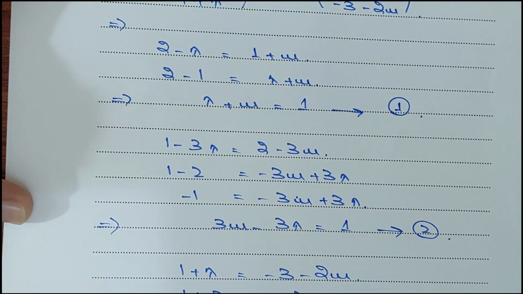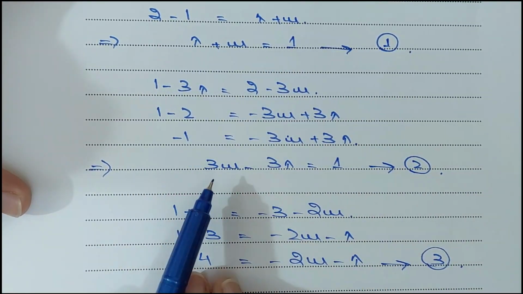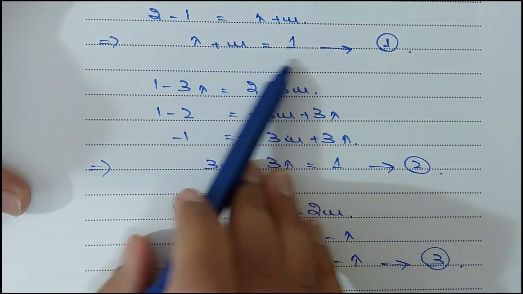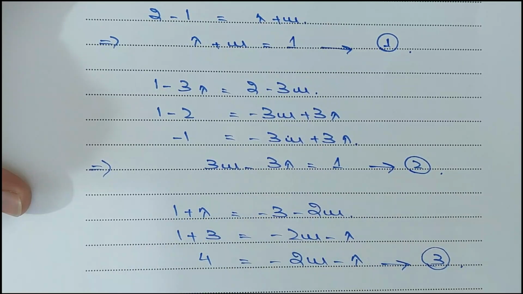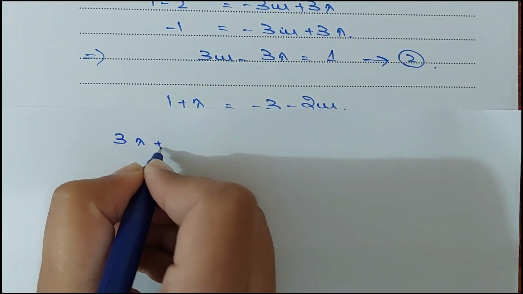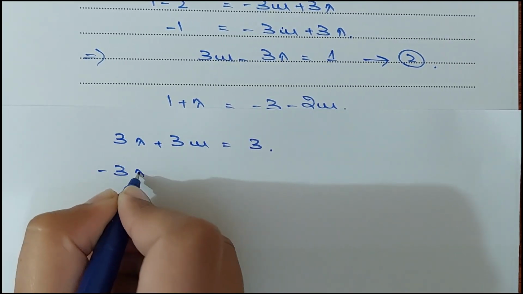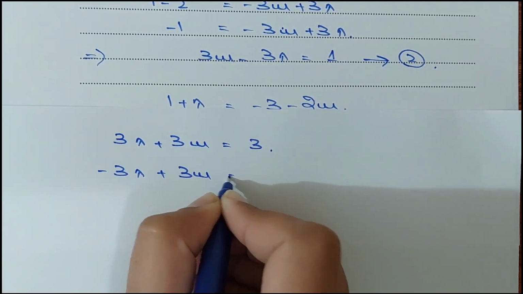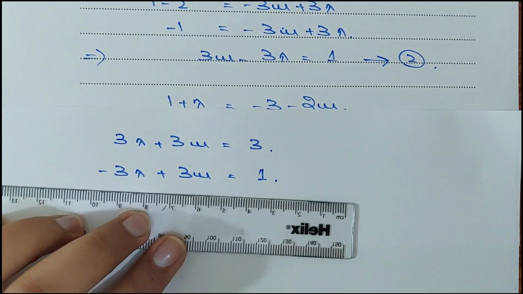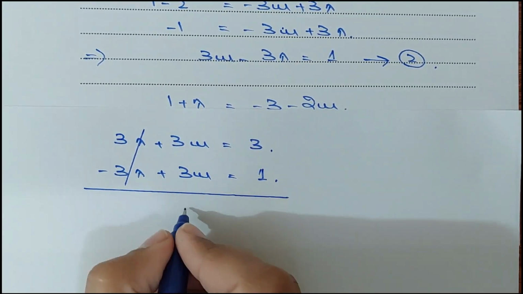Now let me solve for the values of lambda and mu. The first equation is lambda plus mu equals 1, and the second is 3 mu minus 3 lambda equals 1. If I multiply the first equation by 3, I get 3 lambda plus 3 mu equals 3, and adding the second equation, 3 lambda minus 3 lambda cancels and 3 plus 3 is 6.